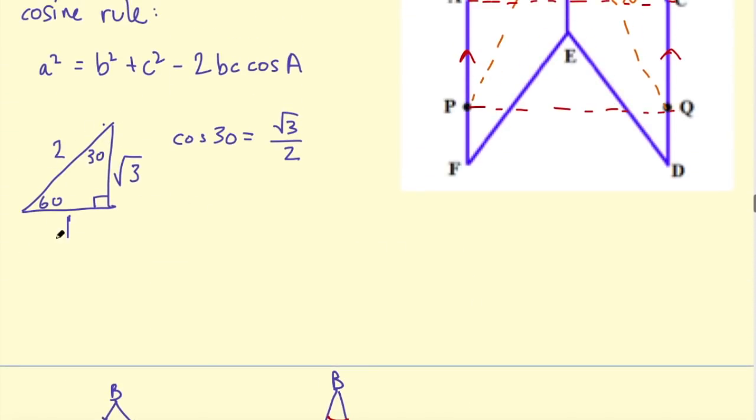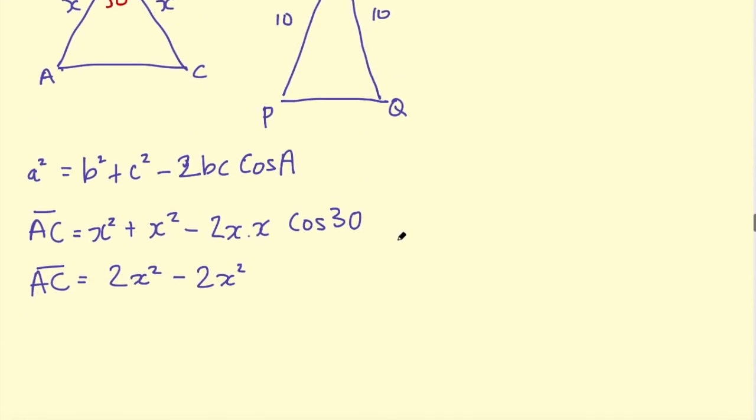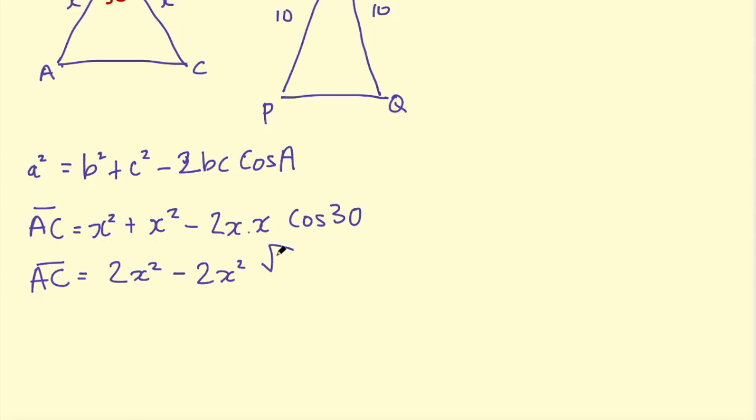remember I was talking about this triangle. Cosine of 30 is root 3 over 2, so we can plug that into this formula. And so we've got that length AC squared equals 2x squared minus 2x squared root 3 on 2. Okay, and then I might factorize this. Actually, we can cancel some 2's out, so there go the 2's.